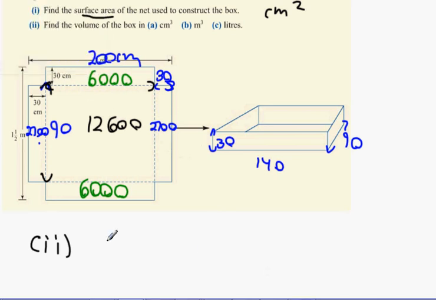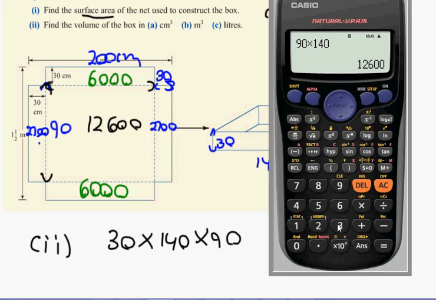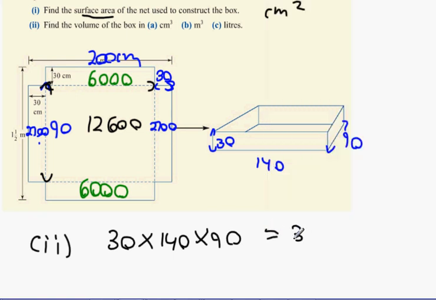It's 30 by 140 by 90. And what do we get when we multiply the three of them together? 378,000 centimeters cubed.